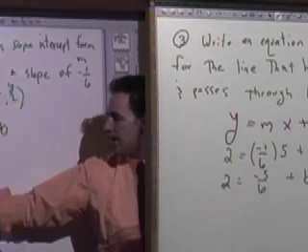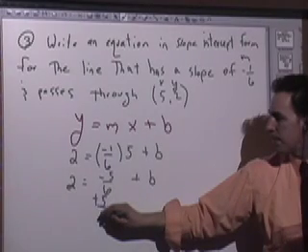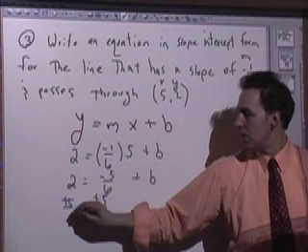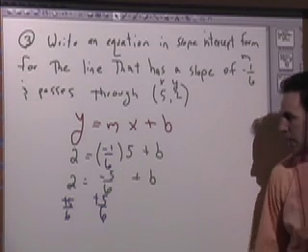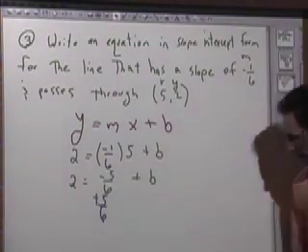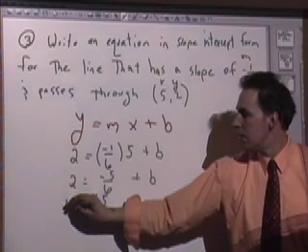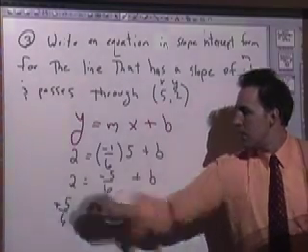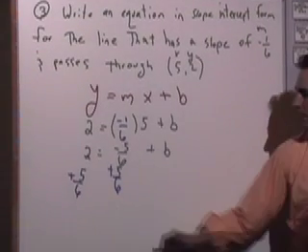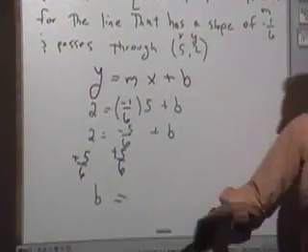Right, you add 5/6 on both sides, we're solving for b. And what do we get? We get b equals, right?